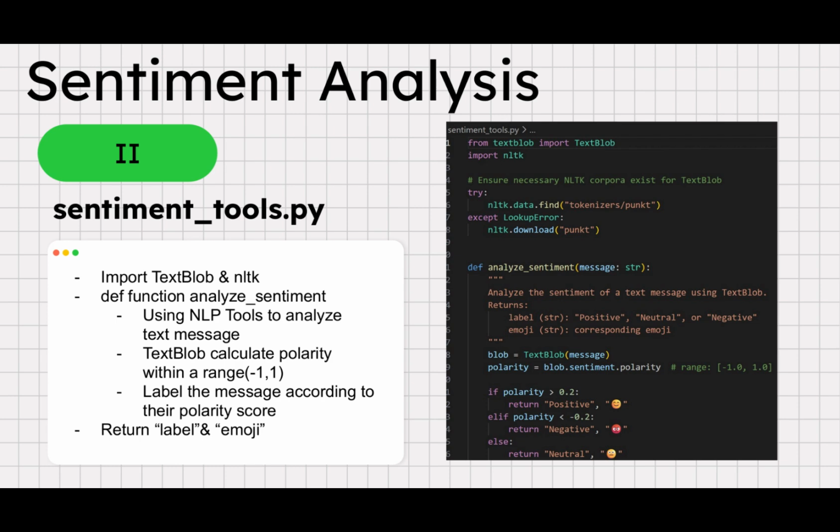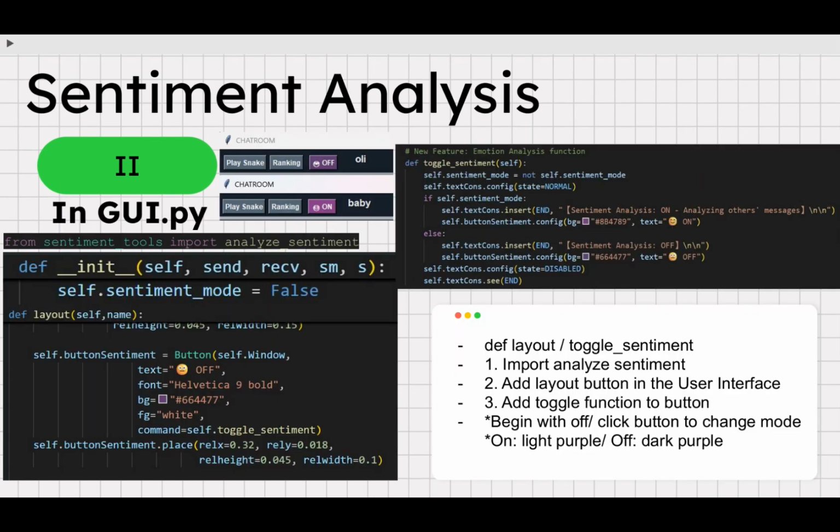the set ranges. Next, we imported the core function from the sentiment_tools.py file into the GUI file and controlled the on or off switch of this feature through a button. The control of the feature is mainly realized by the layout and the toggle sentiment method. The layout is responsible for creating the corresponding button widget on the interface, while toggle sentiment achieves the effect of switching the feature state by clicking the button.